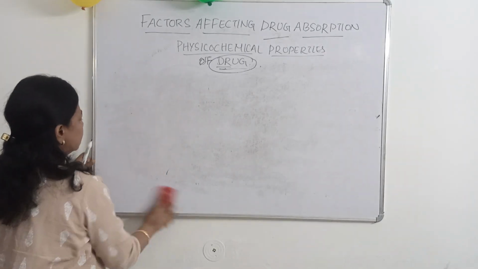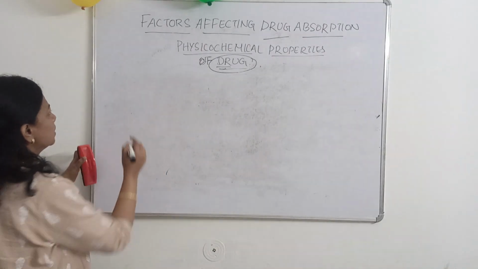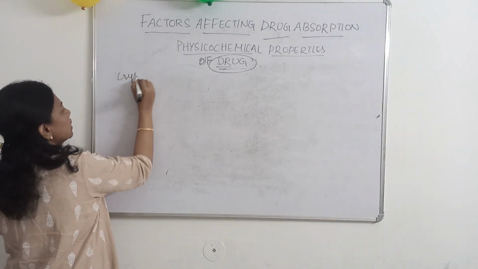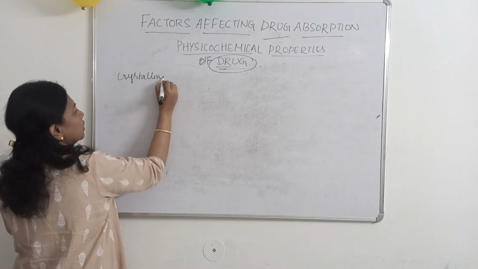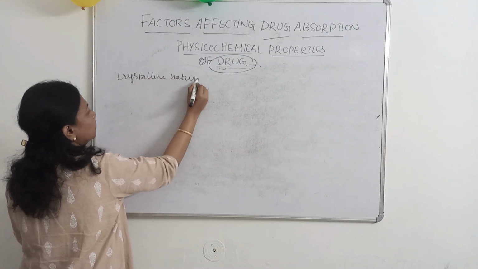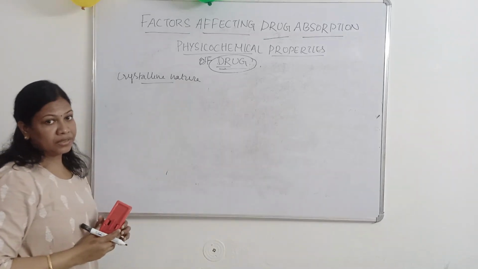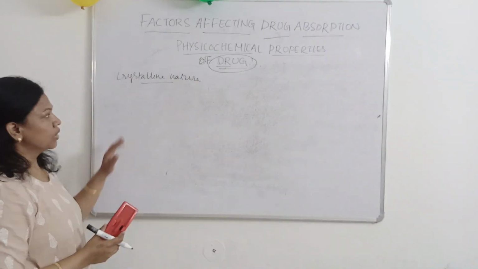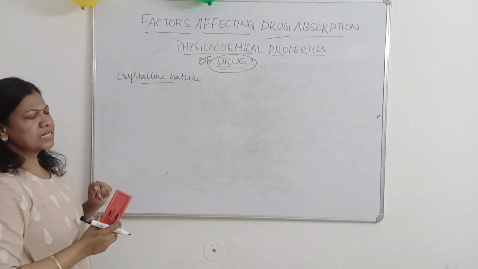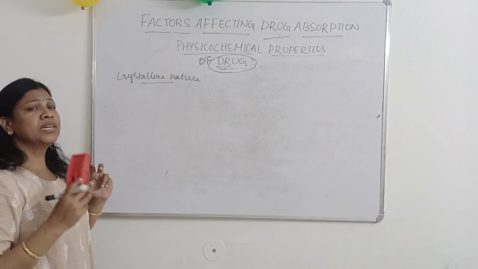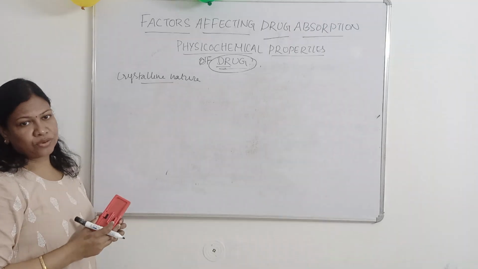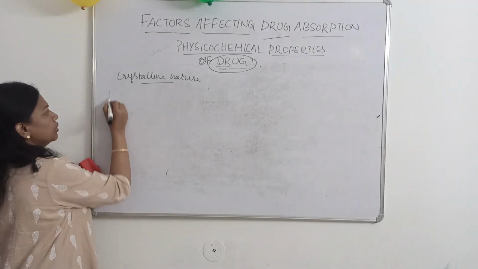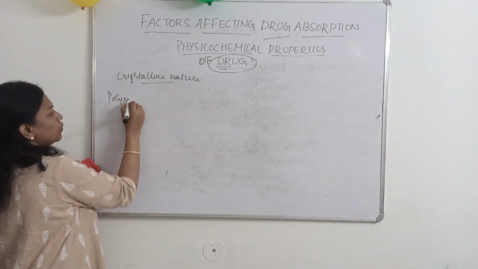When the drug is in solid state, the next factor is the crystalline nature of the drug. This also has a main effect on drug absorption when it is given through the oral route. Some drugs may exist in more than one crystalline form. That phenomenon is known as polymorphism.